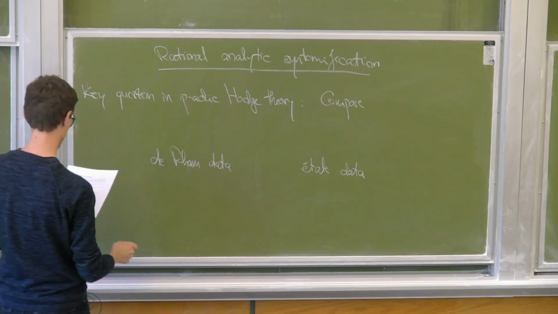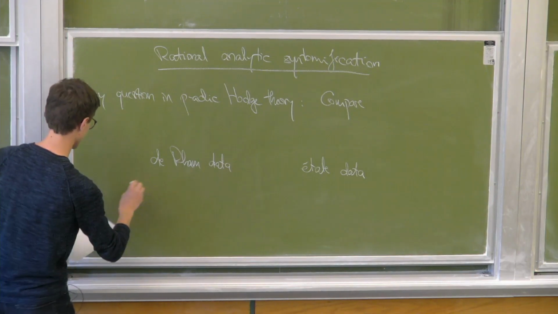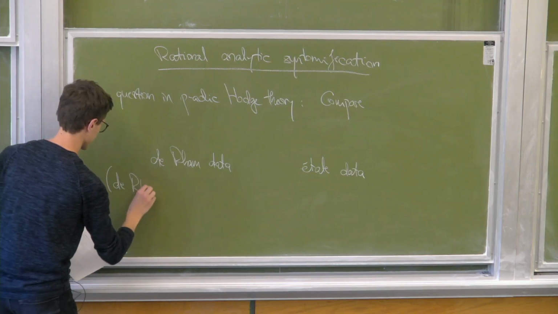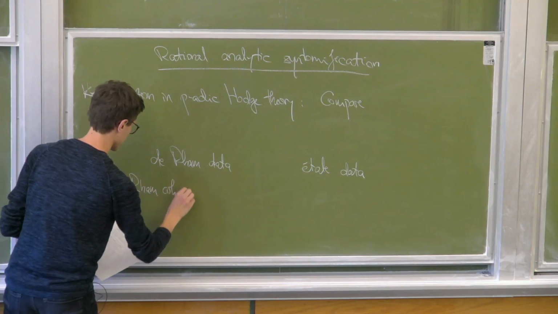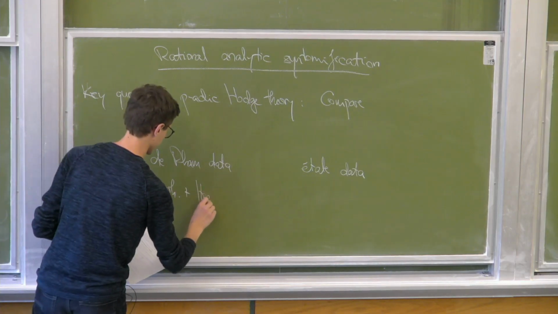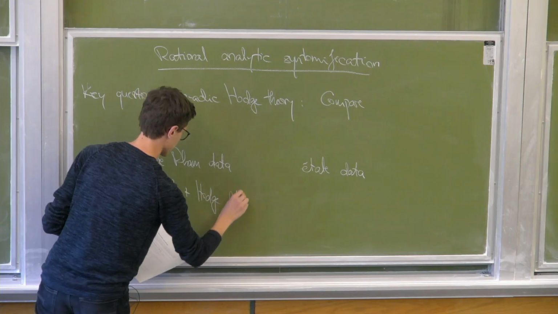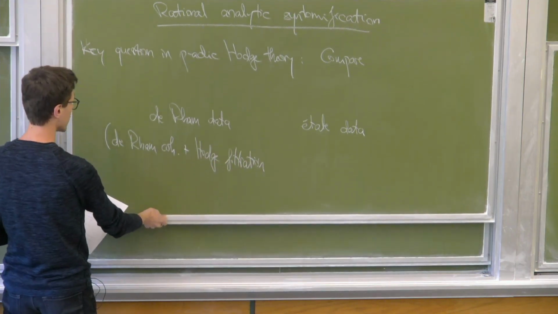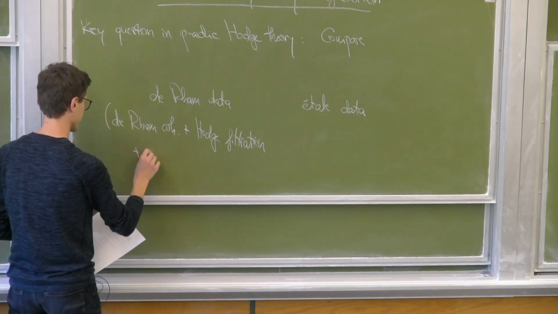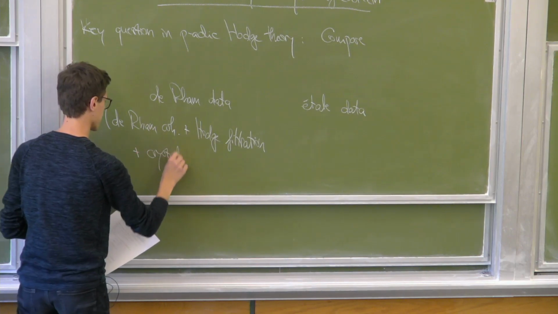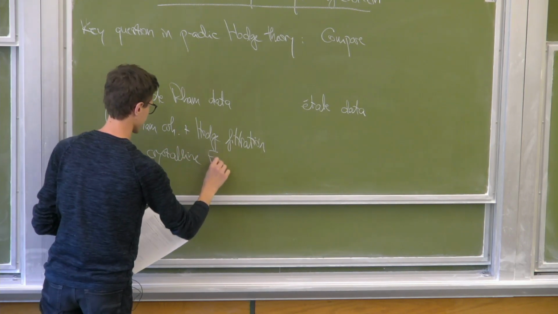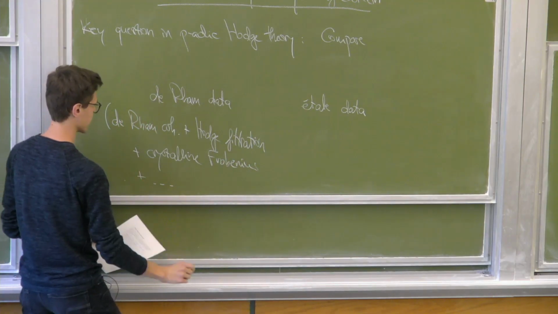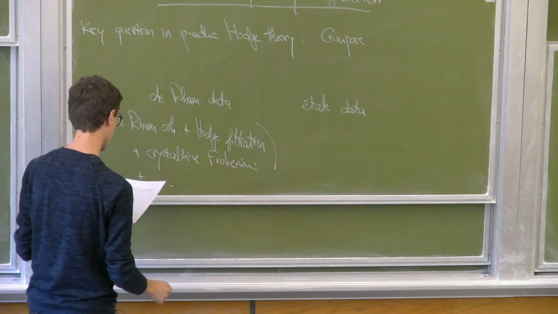Again, maybe what I mean by the de Rham data is something like the de Rham cohomology, but maybe also the Hodge filtration, or maybe a crystalline Frobenius, and so on.